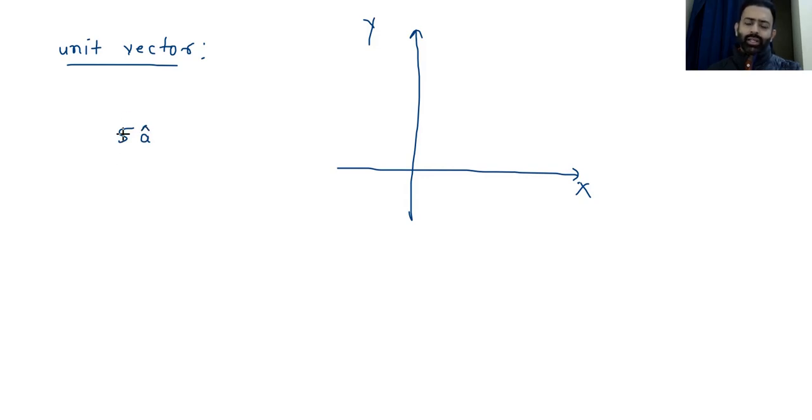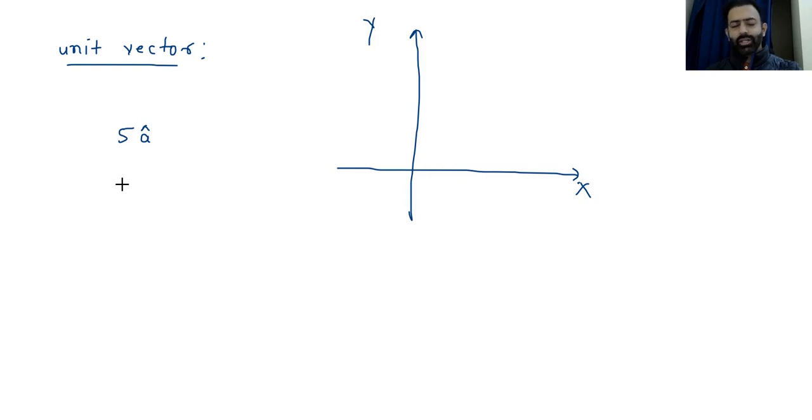The magnitude of this vector is 5, because initially it was a scalar whose magnitude was 5 units, while the unit vector itself has magnitude 1. This process of multiplying a unit vector with a scalar quantity gives direction to that scalar quantity. That is the meaning of multiplying a scalar with a vector.